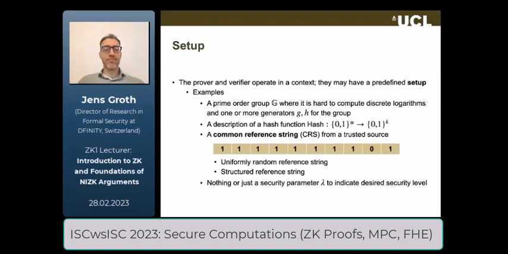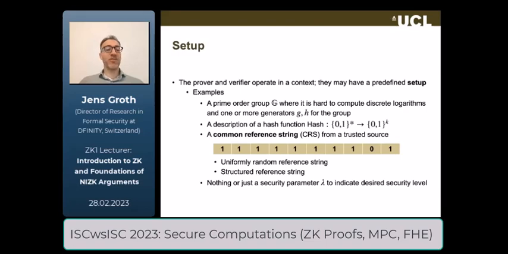Generalizing this, a very common model for a zero-knowledge proof is to say that we have a common reference string, okay? And what we imagine is that there's some trusted source that generates a string of bits and gives that to the prover and the verifier. It varies depending on the setting you're operating in, how we imagine that string to come about. So sometimes we imagine it's a uniformly random string.